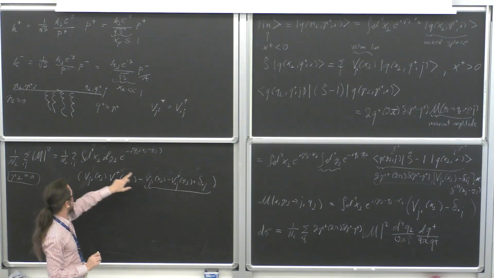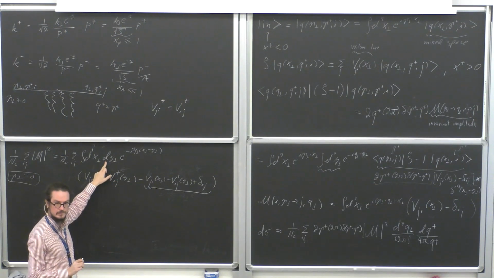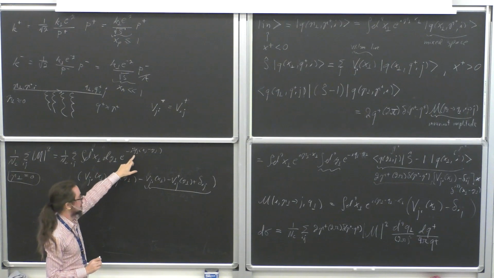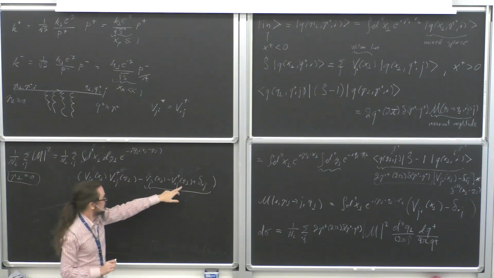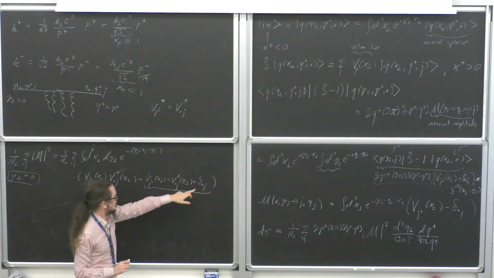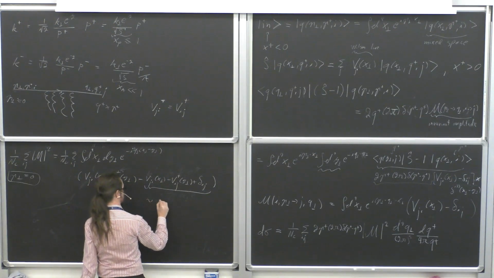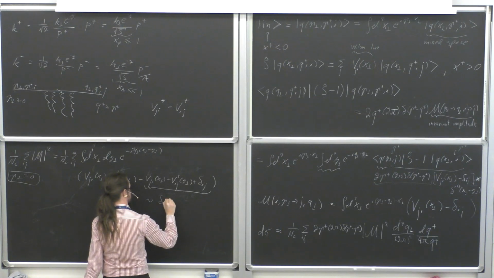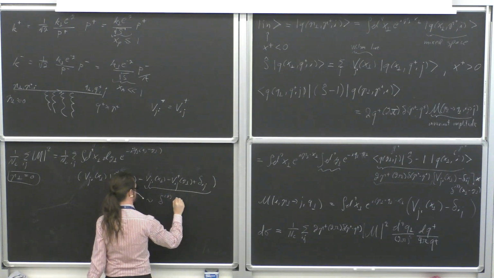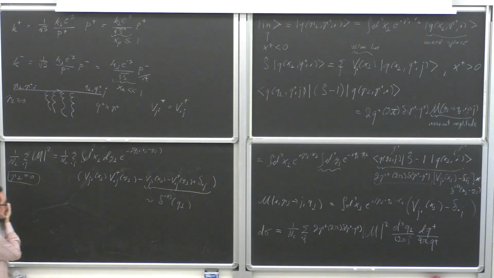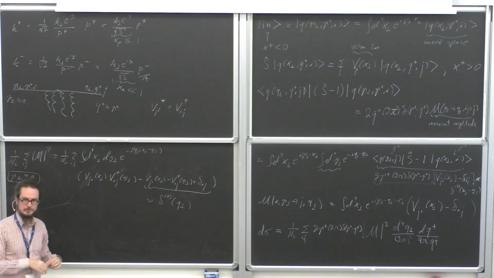So for this term, I can integrate over y perp easily, and I just get a delta function in q perp. For this one too, I can integrate over these coordinates, and it gives me a delta function. So all of these 3 terms give me something proportional to a delta function in q perp, right? And I will just promptly throw these away.